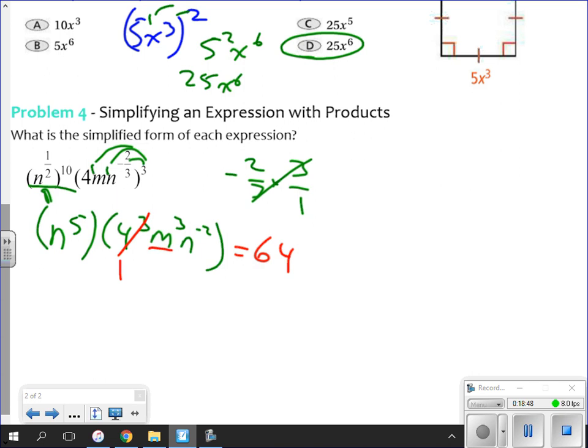There's only one m, so I have m cubed. And then I have my n's: n to the 5th times n to the negative 2. What do I do to the exponents here? I add them. What's 5 plus negative 2? 3. N cubed. And that is that. Piece of cake.